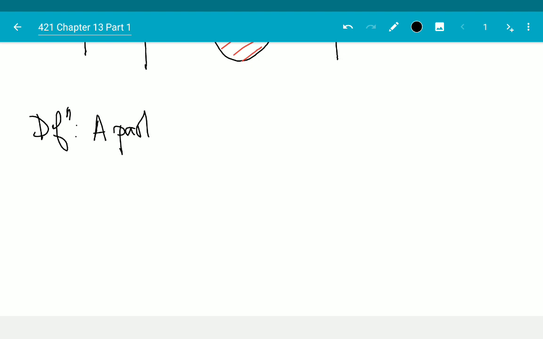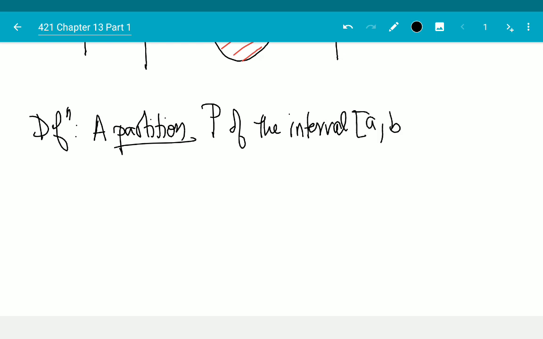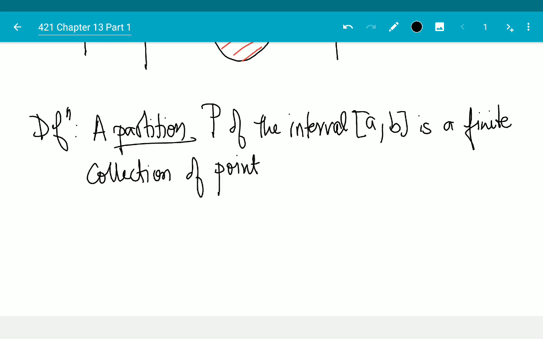A partition P of the interval a comma b is a finite collection of points a is equal to x naught, which is smaller than x1, smaller than dot dot dot, all the way over xn minus 1 is smaller than xn, which is equal to b.